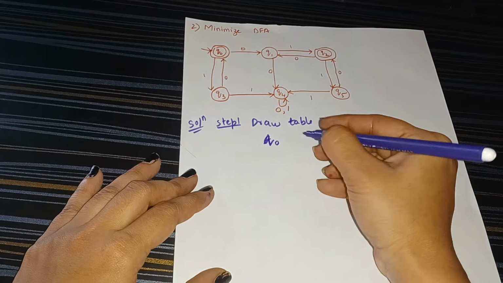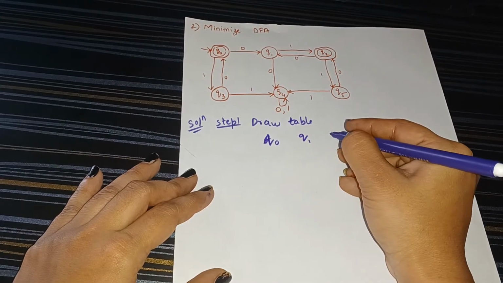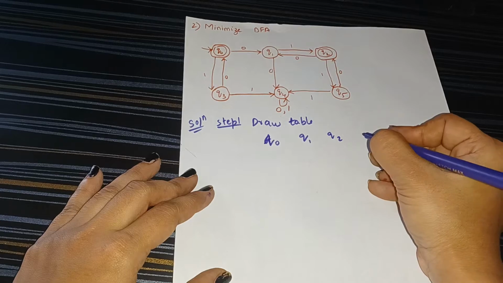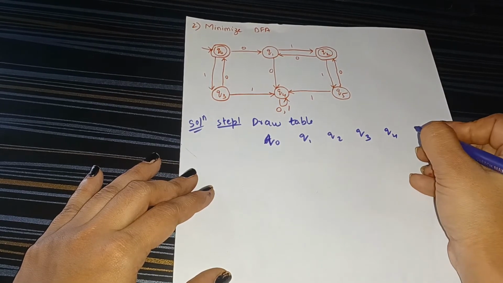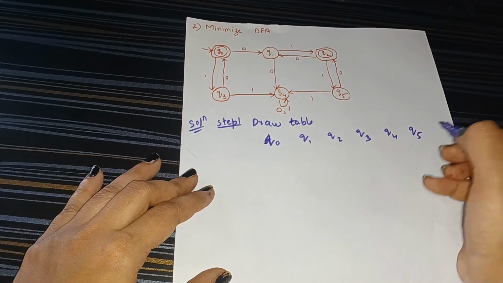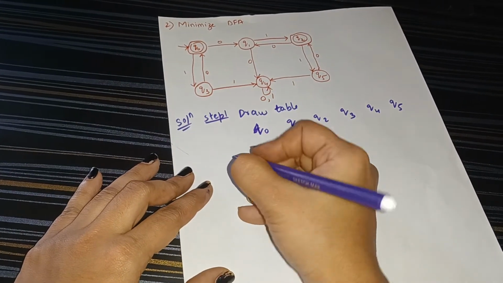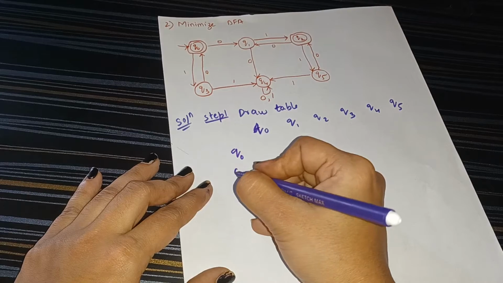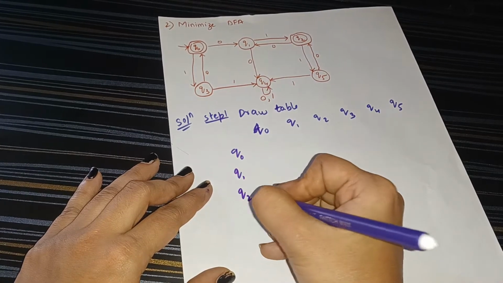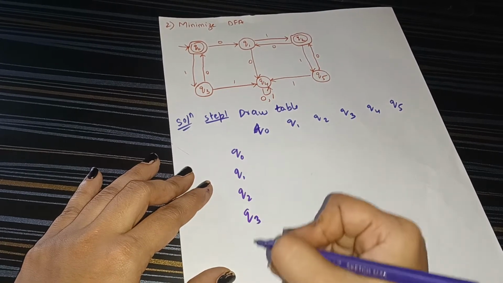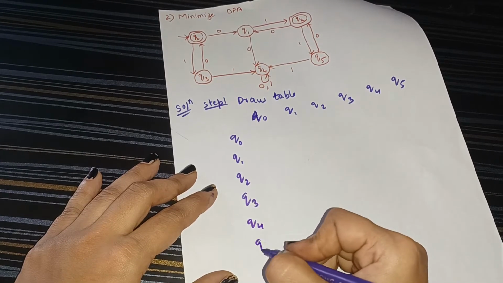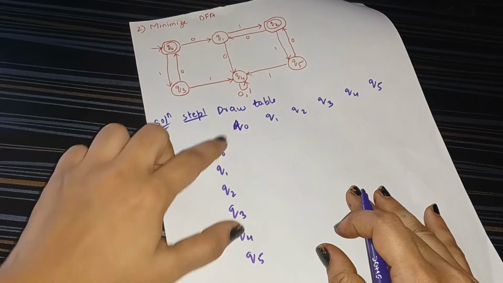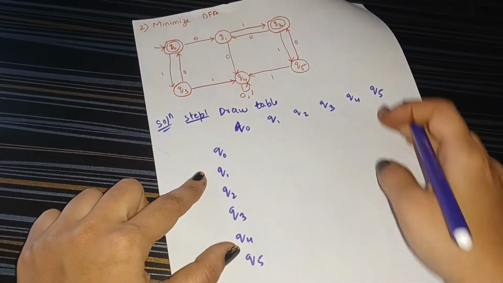By seeing it, we know that we have to write on both sides: Q0, Q1, Q2, Q3, Q4, Q5. We will write the state names only, we don't write inputs anywhere. So we will be leaving this state and this state.